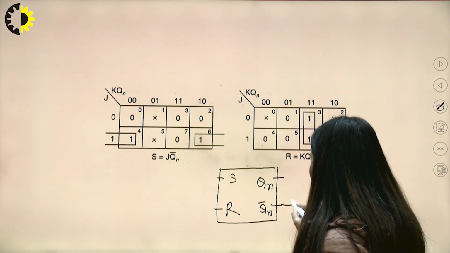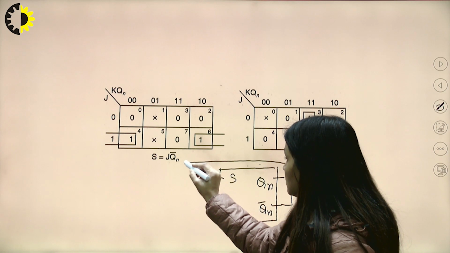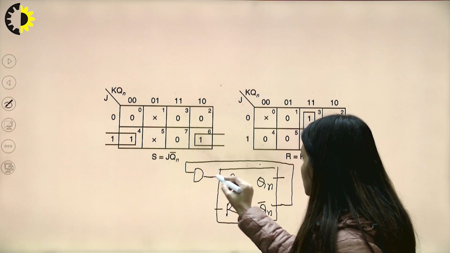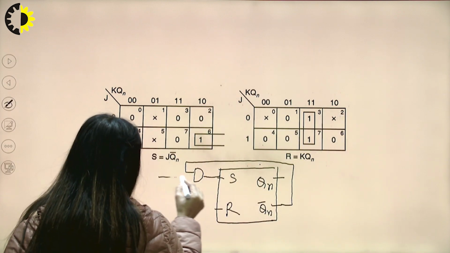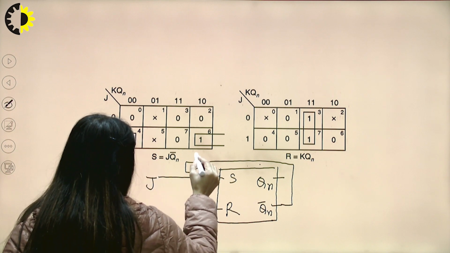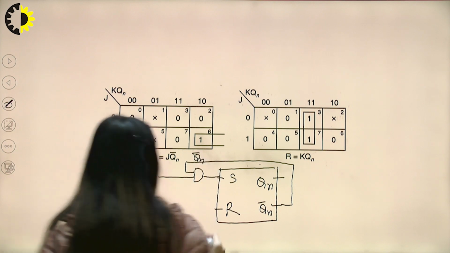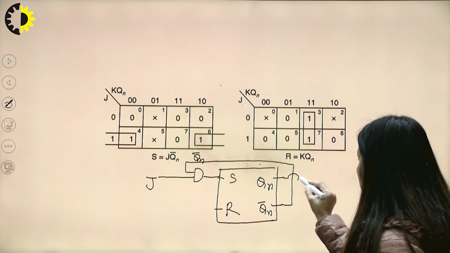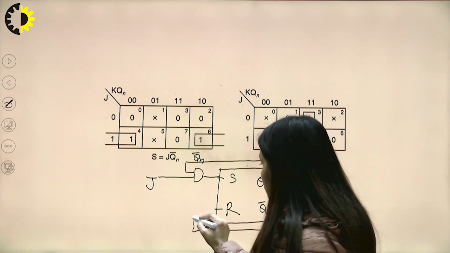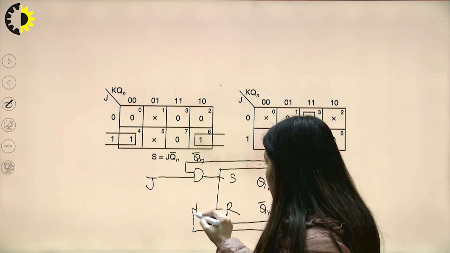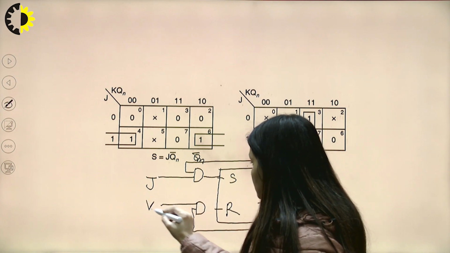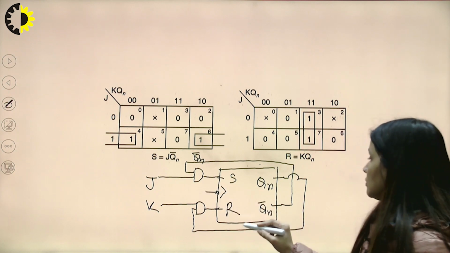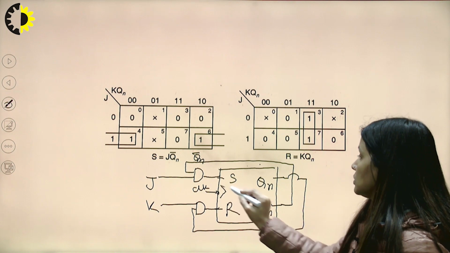So go to this. And R is equal to KQN. And this is the clock. We must give the clock to this one.